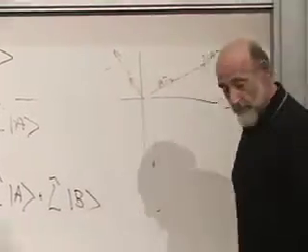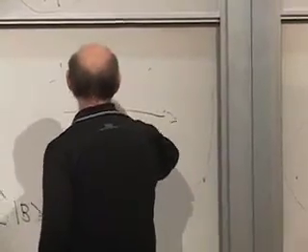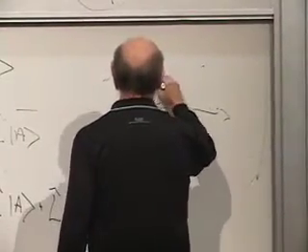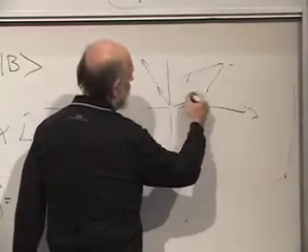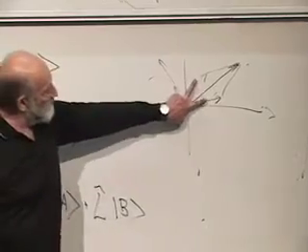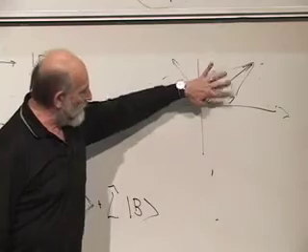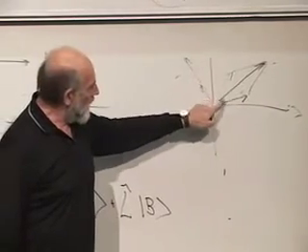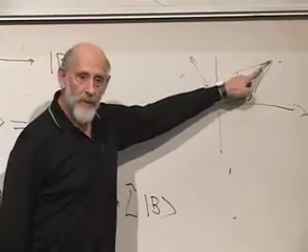What if I rotate the sum of two vectors? Here are two ordinary vectors, A and B. The sum of A and B is just the resultant, like that. If I rotate A and B, the whole parallelogram rotates, and A and B will rotate, but so will the sum of A and B rotate.